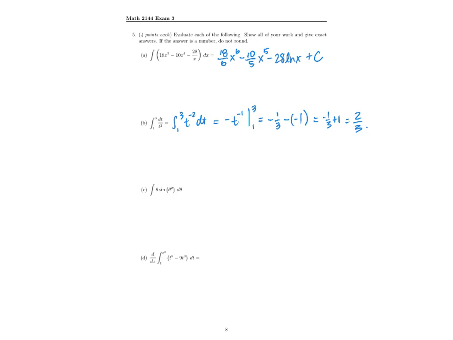Okay, for the next one, I'm going to let u be equal to theta squared. And then my du is 2 theta d theta. So in other words, theta d theta is 1/2 du. Okay, so now I'm going to do my substitution. So instead of my theta d theta, I'm going to write 1/2 du. And instead of sine of theta squared, I'm going to write sine of u.